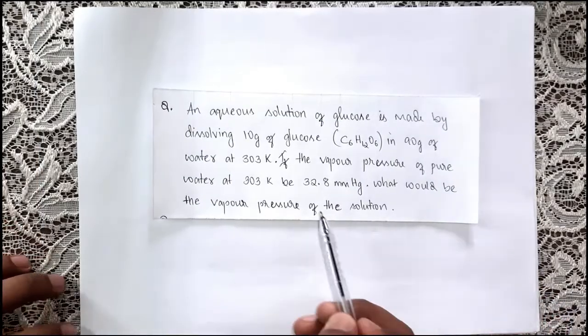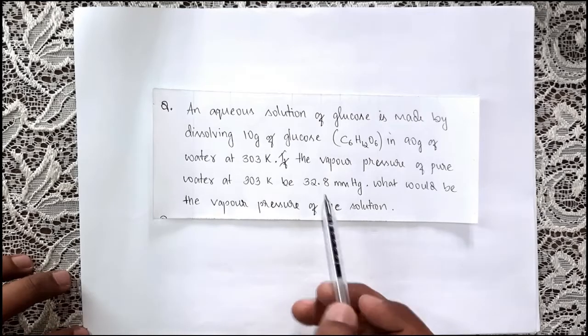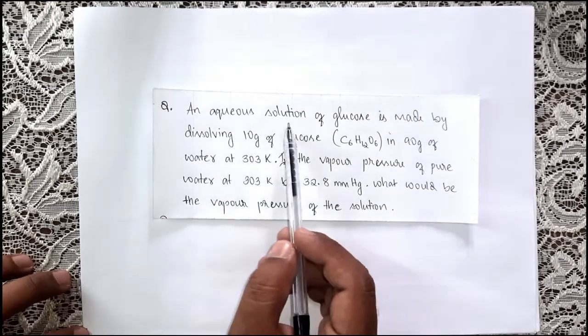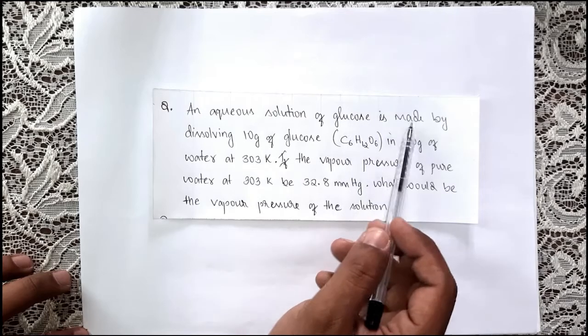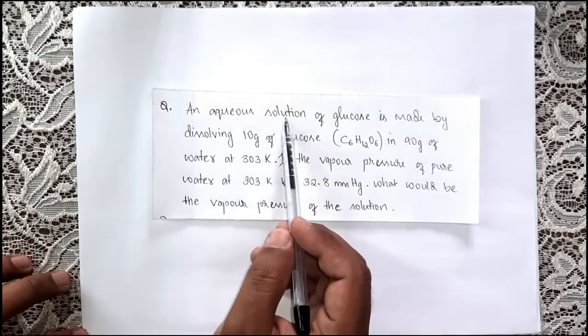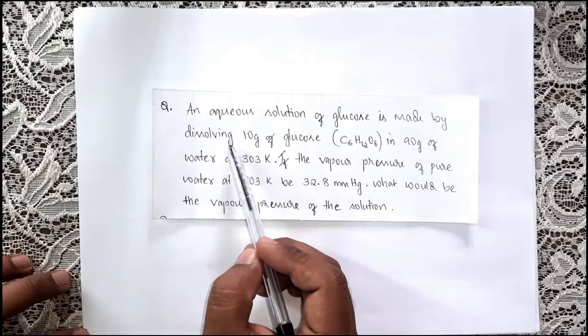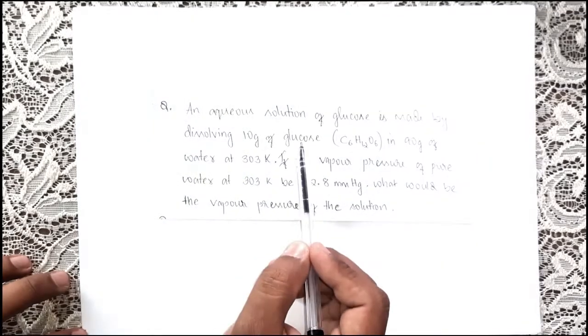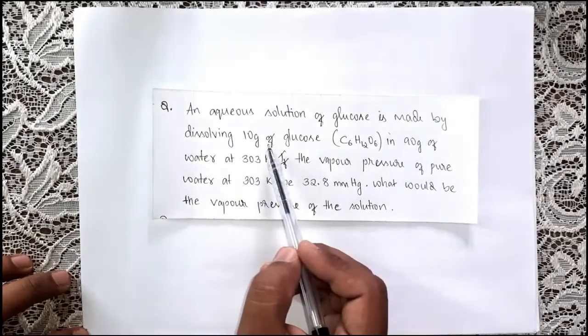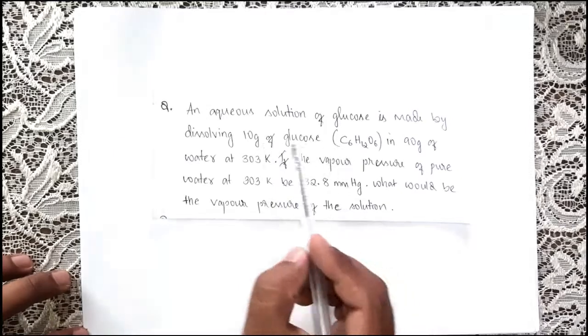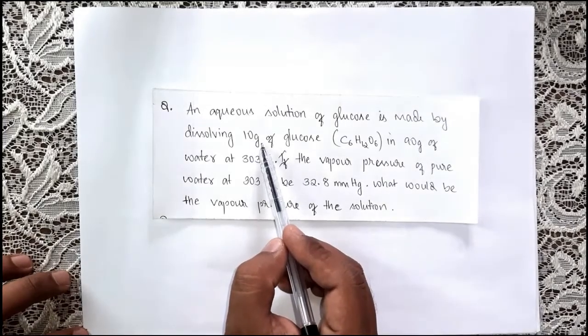So now we shall solve the next question. A solution is made by dissolving 10 gram of glucose in 90 gram of water. So in 90 gram of water, you're adding 10 gram of glucose.